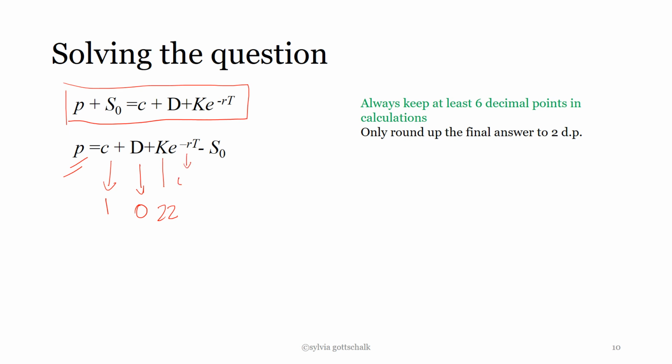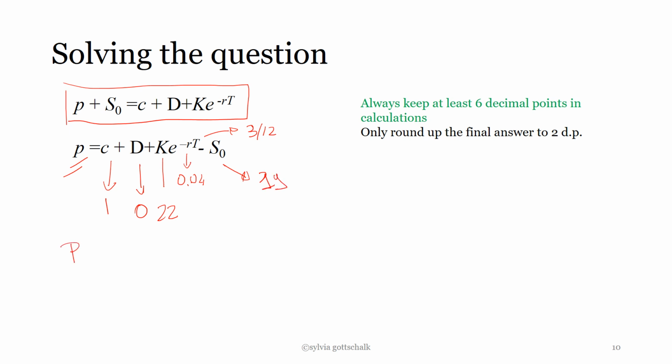R was 4%, so 0.04. T, remember, T is in years, so it's 3 divided by 12, a 3-month option, and S0 is 19.